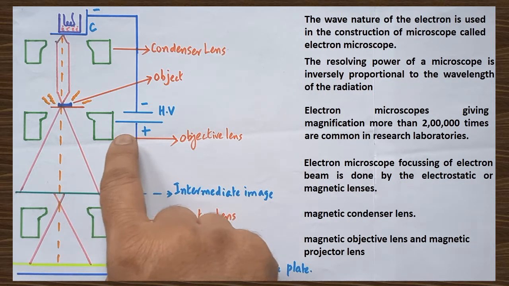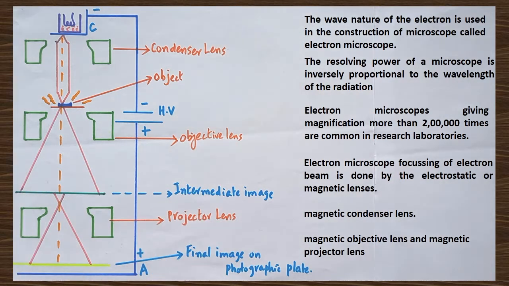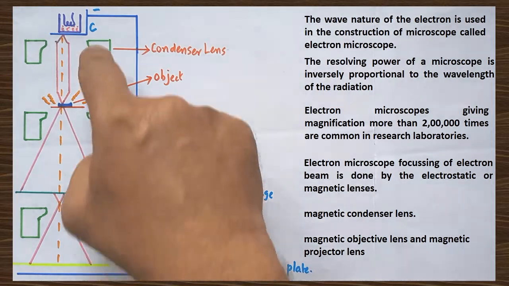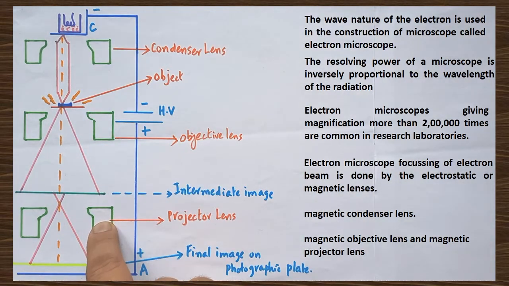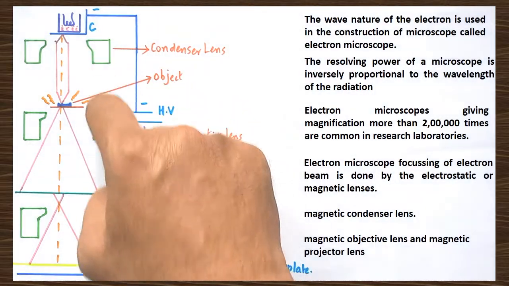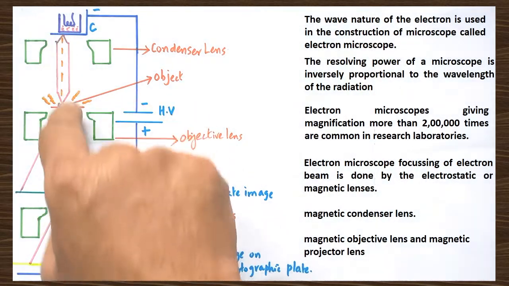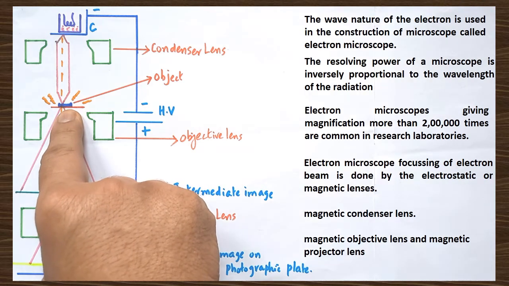For that purpose the objective lens is used, and one more electromagnetic lens gives further details about the image, and it is further magnified and projected on the photographic plate or on the fluorescent screen. Are you clear? So, there are 3 stages and 3 electromagnetic lenses are used. By adjusting the focal length of all the 3 electromagnetic lenses, we are able to magnify small tiny objects.